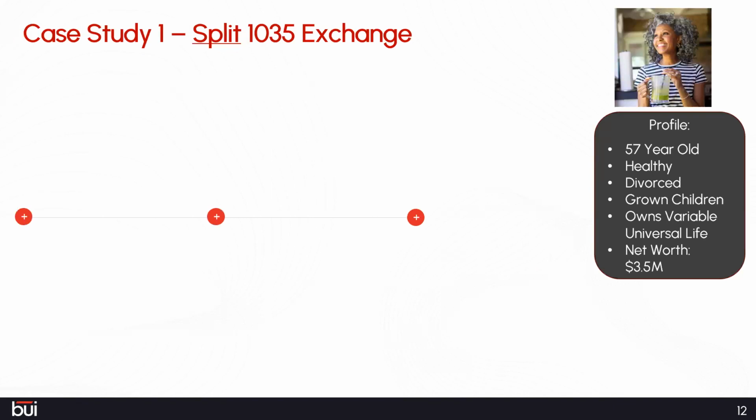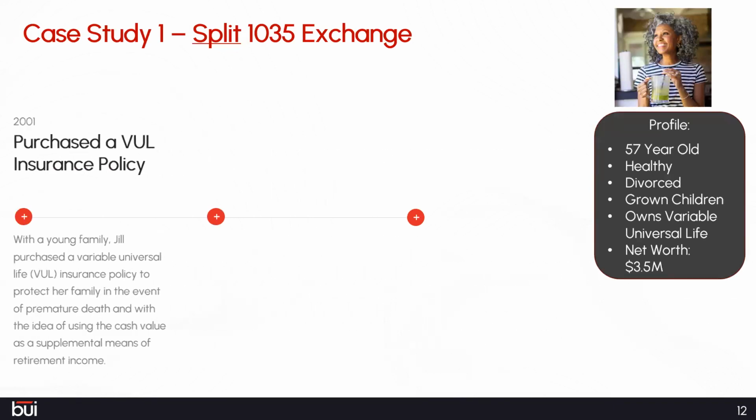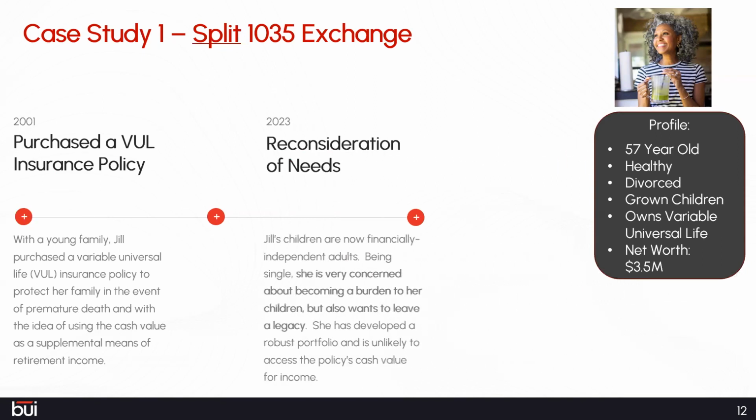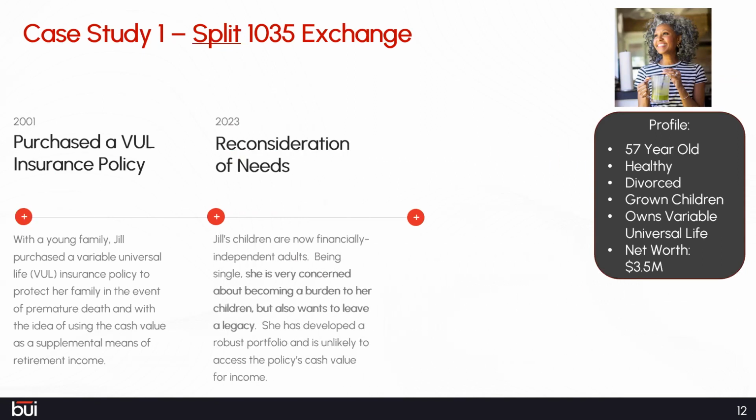We'll start with Jill. In 2001, Jill purchased a variable universal life insurance policy. She had a young family and wanted to protect them in the event of her passing. A secondary benefit was that she liked the idea of having a cash value she could potentially use in retirement for supplemental income. Here in 2023, her needs are different.